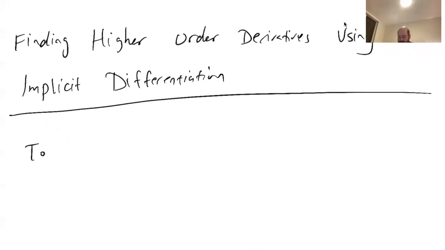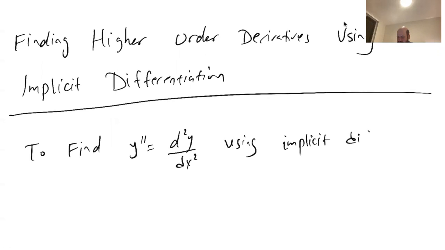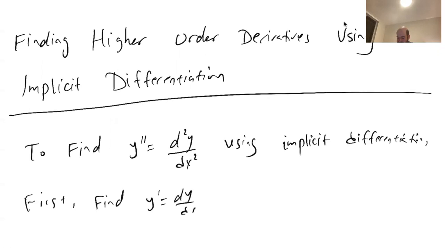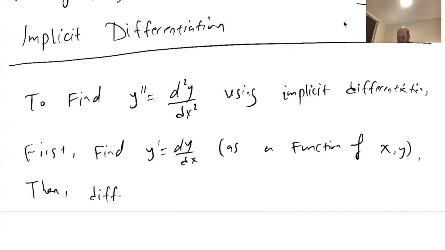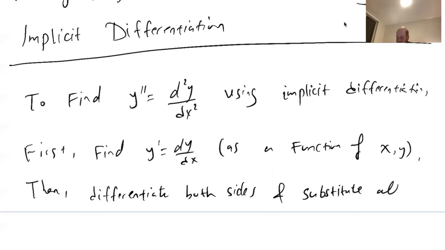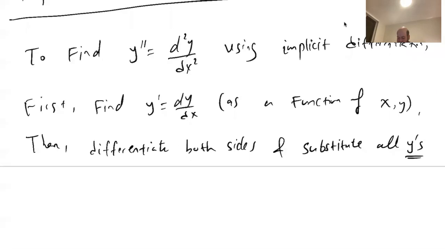To find y double prime equals d squared y over dx squared using implicit differentiation, first find y prime as a function of x and y, and then again differentiate both sides and substitute all y primes in terms of x and y.